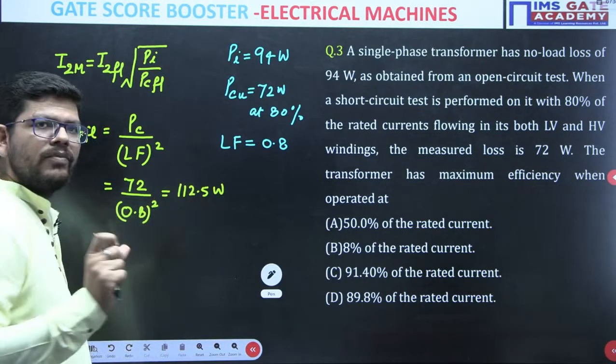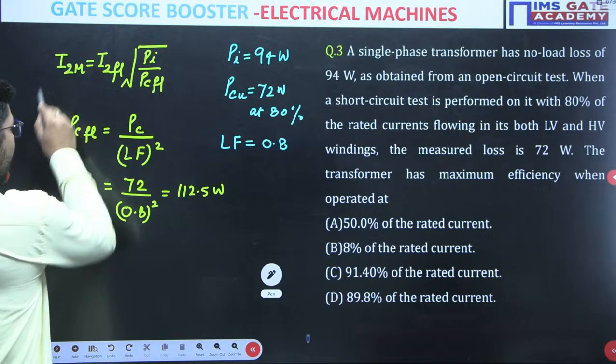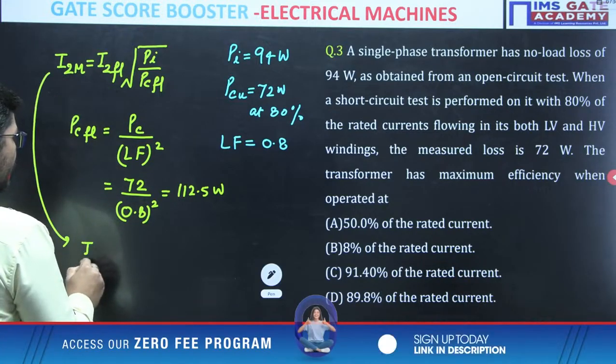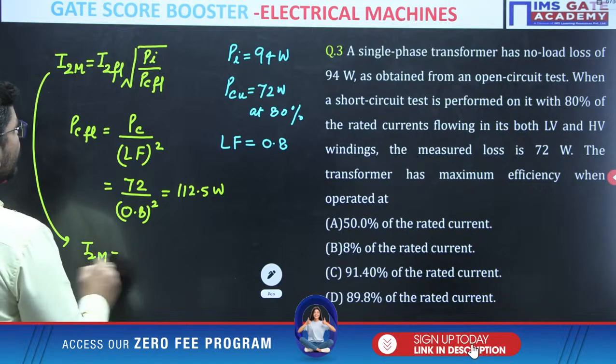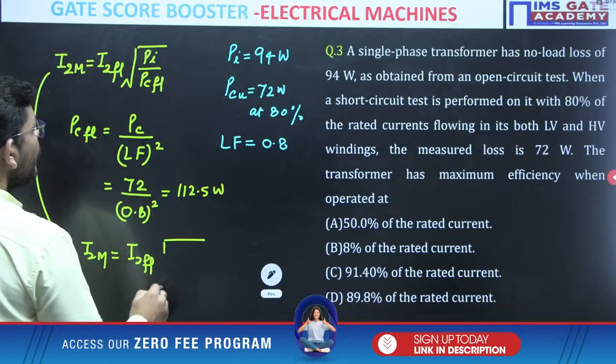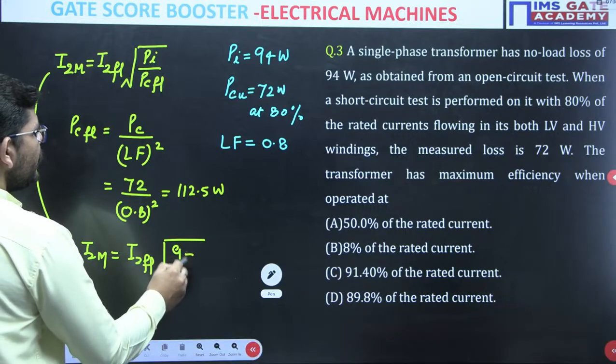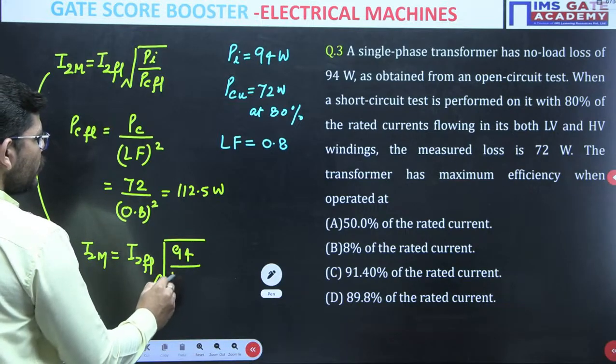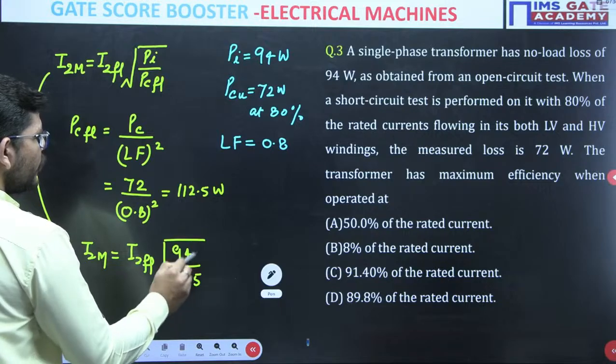These are the full load copper losses. Now again applying the same formula, the current at maximum efficiency will be the full load current times the square root of the iron losses, 94, divided by the full load copper losses, 112.5.